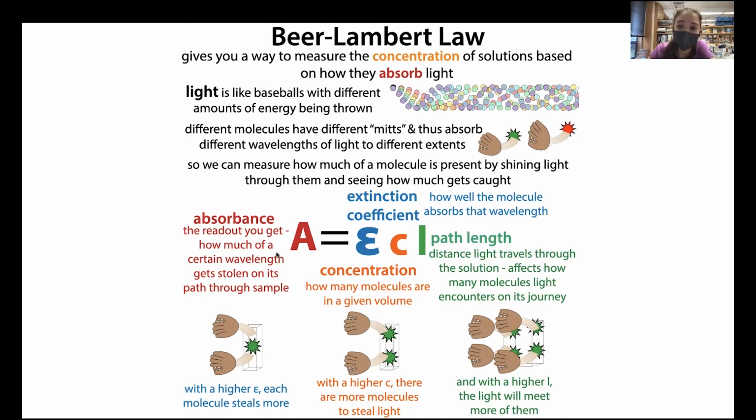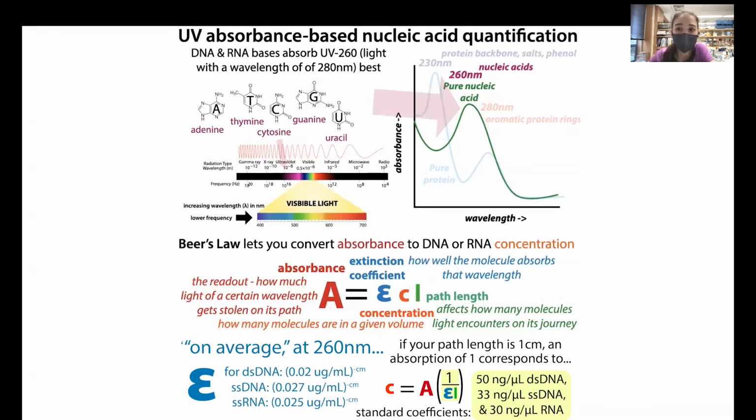So we have this relationship, A equals epsilon times C times L: the absorbance equals the extinction coefficient times the concentration times the path length. But what we want is that concentration. So we can rearrange this, and now we get C equals A times 1 over the extinction coefficient times the path length. And now we can take some shortcuts.